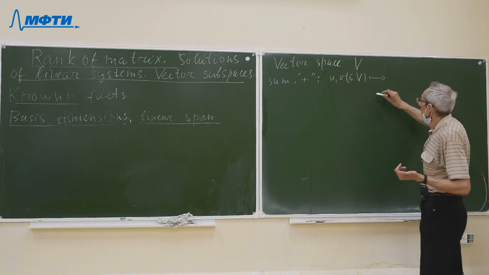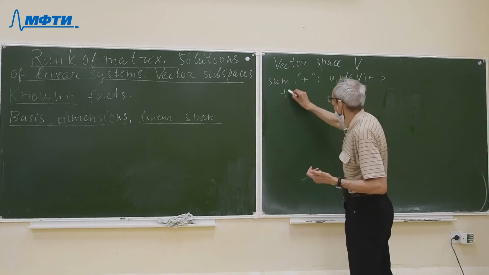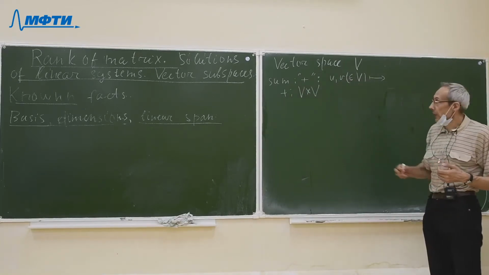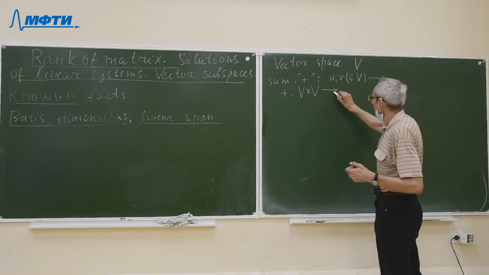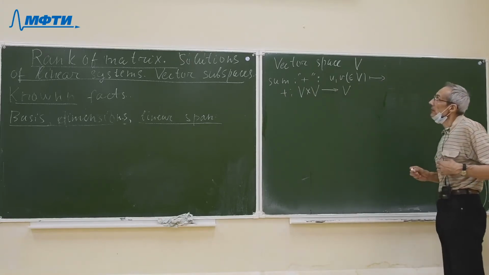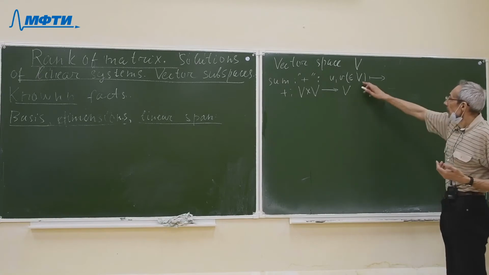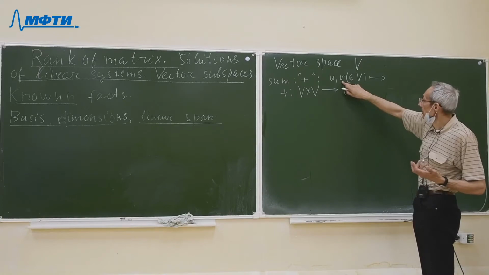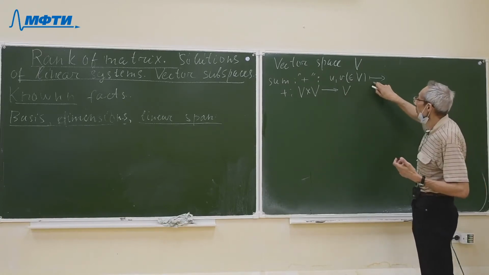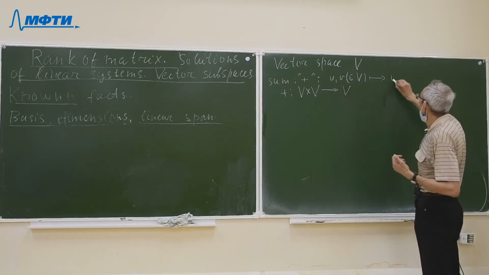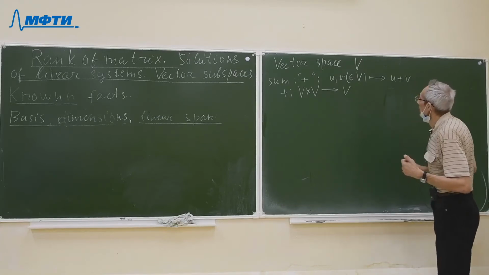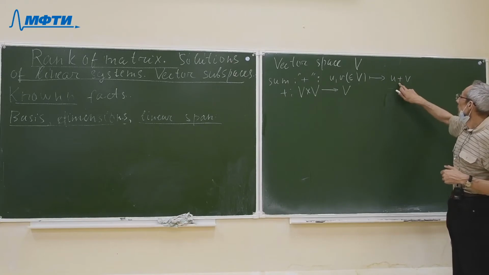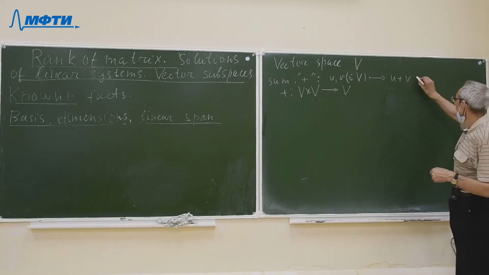We have some mapping which maps the set of pairs of vectors in the vector space. Namely, if we have a pair of vectors, we can correspond to this pair some vector which is uniquely defined and called the sum of these vectors.